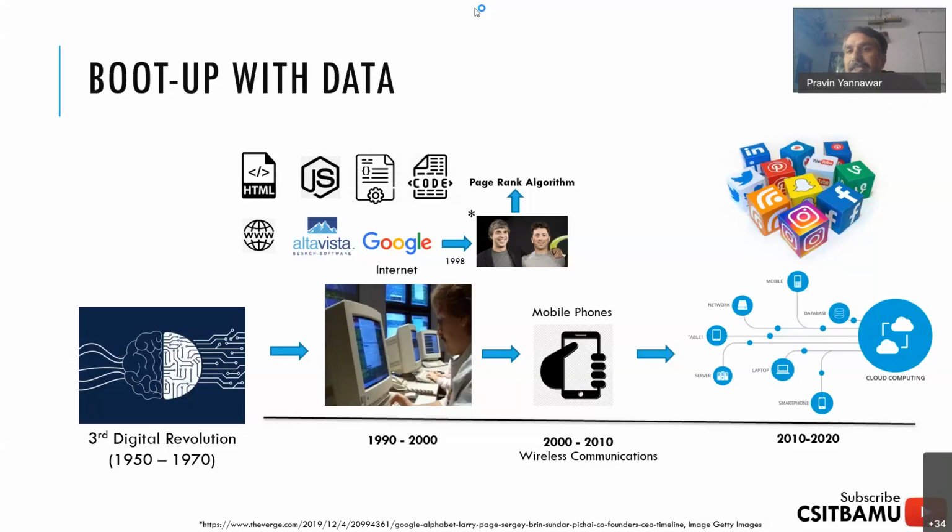In those last 10 years, mobile computers and the generation of data from mobile computers into the digital space became very extensive. And in the present situation, that means in the last 10 years, 2010 to 2020, we have come across a lot of social sites, and we are putting data onto those.